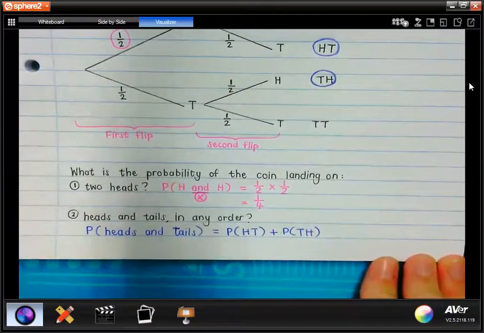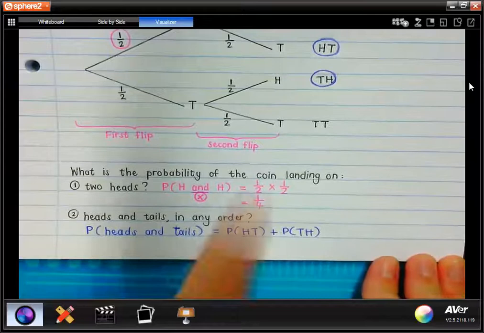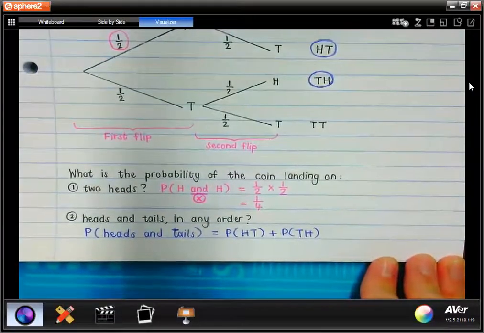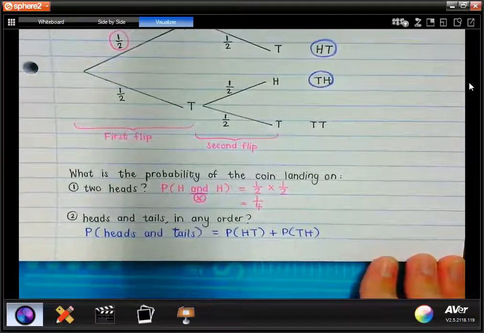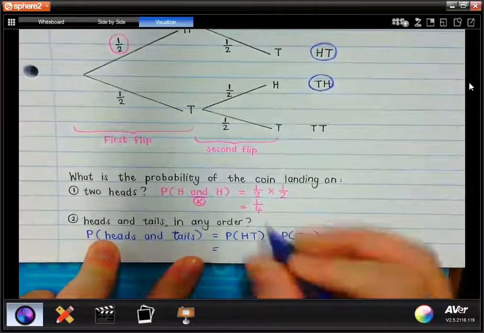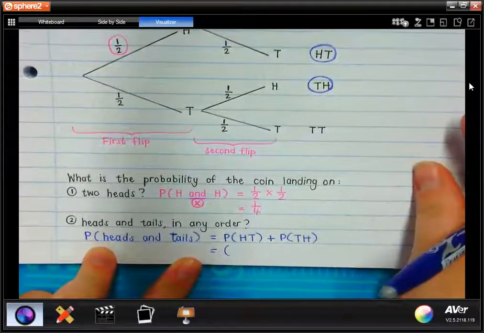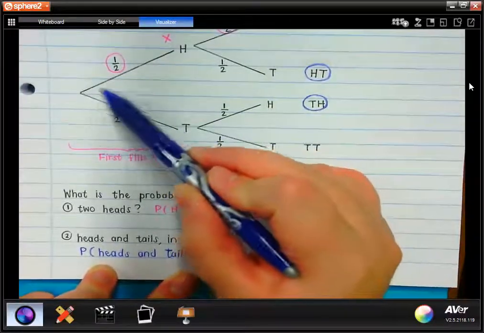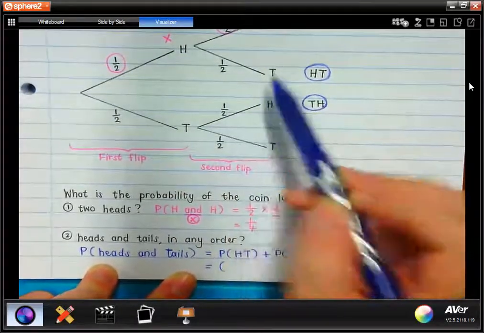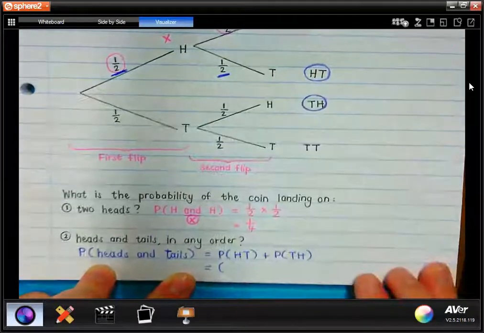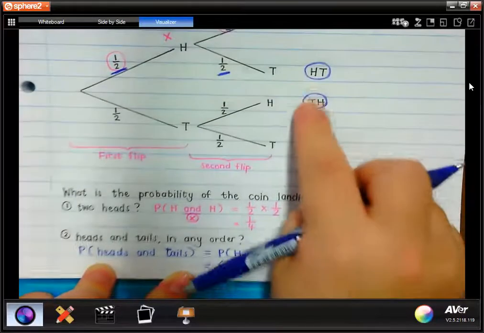All right, so if there are more than one of these outcomes that fall into what the question is asking, then you're going to have to add them together. Now the probability of HT is going to be, I'm just going to write it in brackets because we're timesing and we're adding. How do I get to HT? I follow this H and that T. So I'm going to take this half and times it by that half. All right, to get HT.